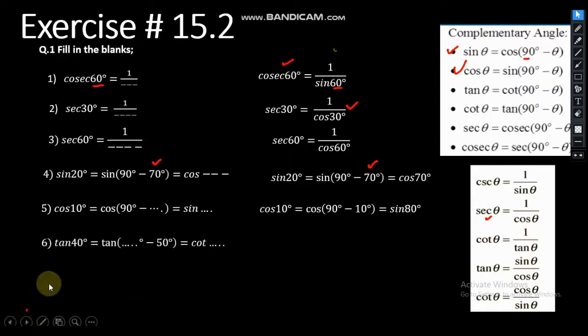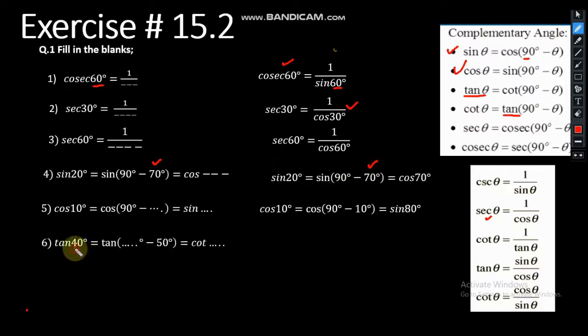Question number 6. Tan 40 degree is equal to cot of dash degree minus 50 degree. Now you use this formula: tan theta is equal to cot of 90 degree minus theta. When we subtract theta from 90 degree, the answer is cot theta.